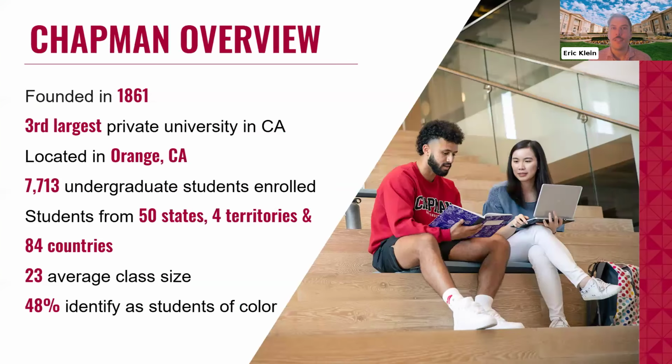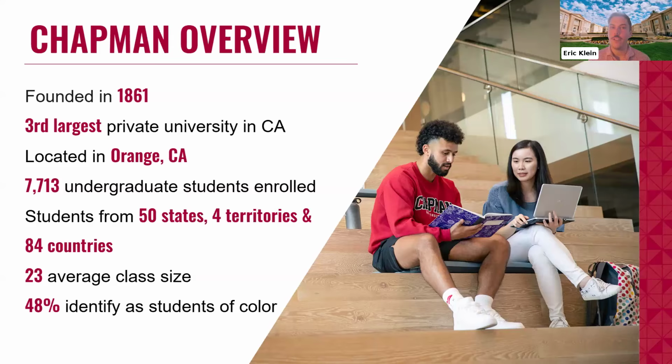To give you some context of who we are and where we're located in the landscape of higher education, we were founded back in 1861 and are currently the third largest private university in California. We're located in Orange, California, right in the heart of Orange County, just a few miles away from Disneyland, to give you context. We're also classified as a mid-size institution.